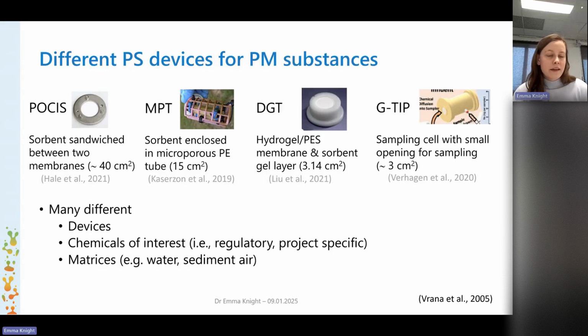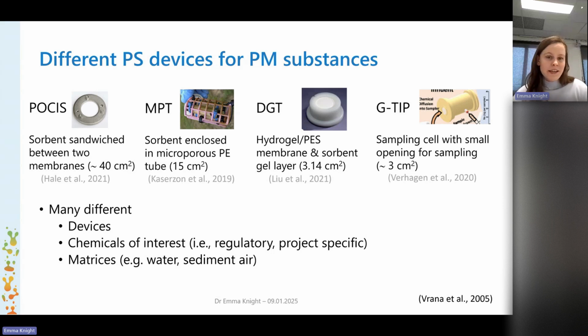And this can look like many different passive sampling devices for many different chemicals of interest, and again, in many different matrices. So we have 4 different ones that I've displayed here. The polar organic chemical integrative sampler is a sorbent that is sandwiched between 2 membranes and then sandwiched between 2 metal rings. Then the microporous polyethylene tube is a sorbent-filled microporous polyethylene tube capped at the end.